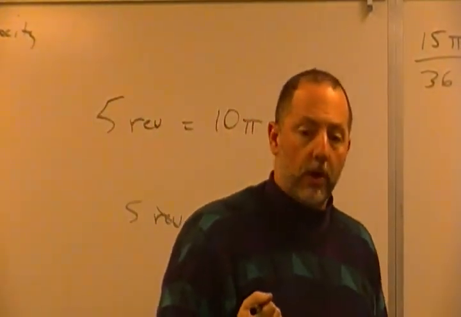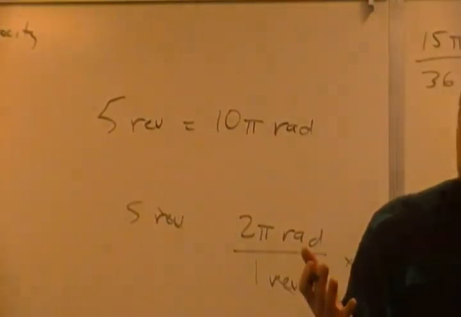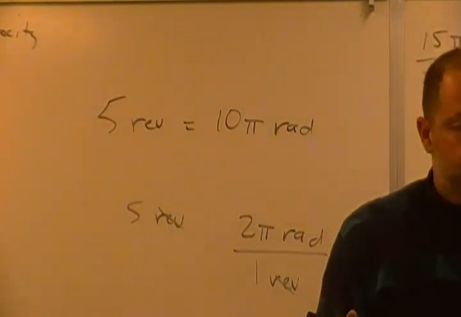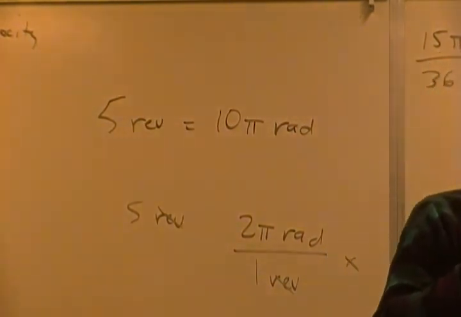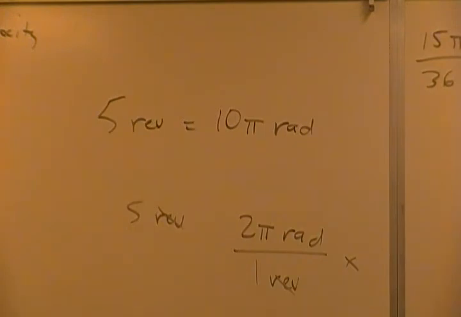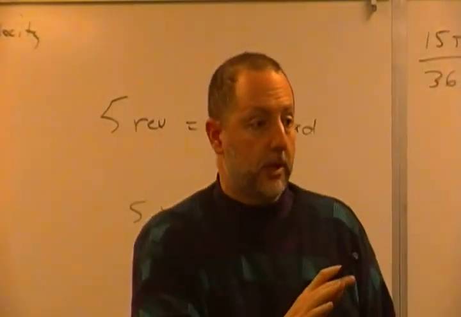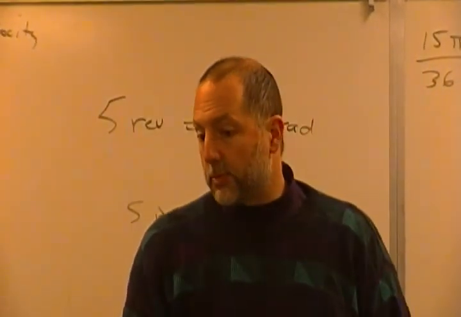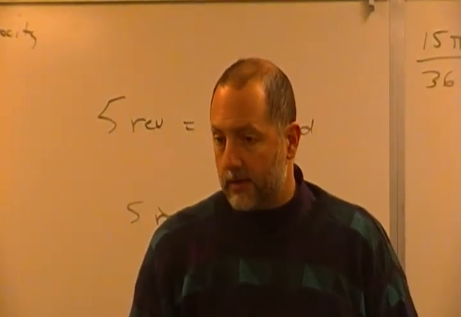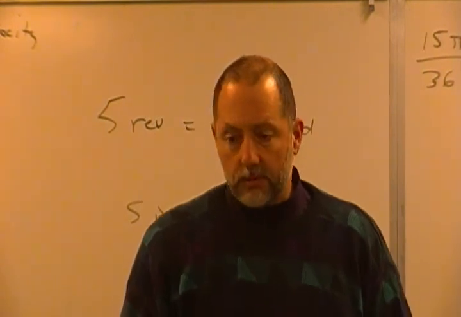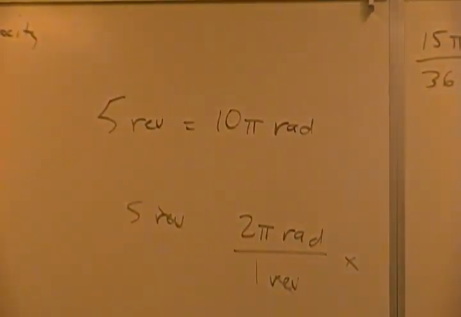If you're given 50.4 revolutions, how many radians is that? 100.8 pi, and in this case, go ahead and multiply in the 3.14. I would accept that as a perfectly legitimate answer. The book says 316.7.